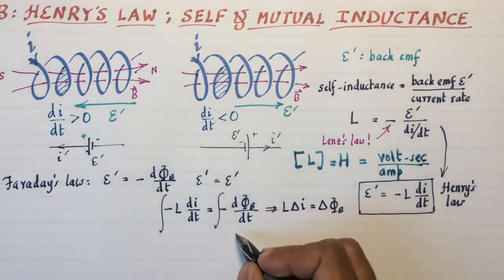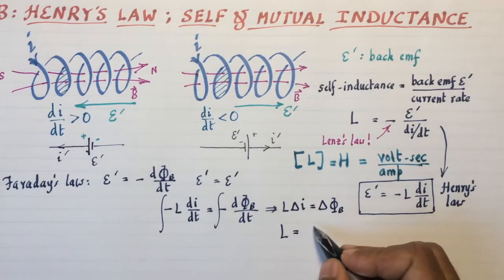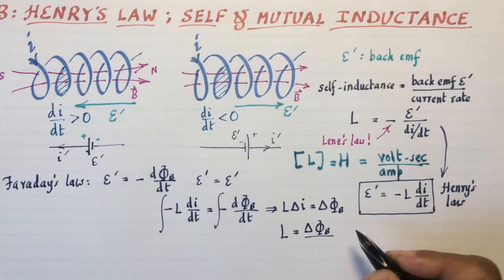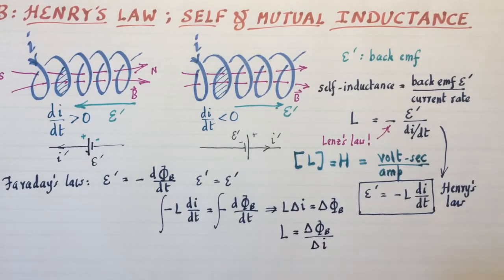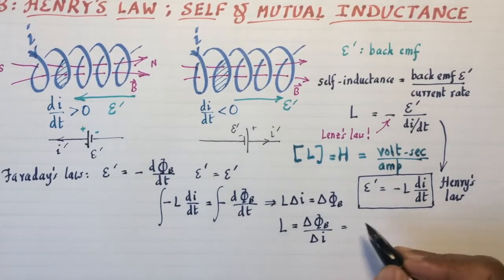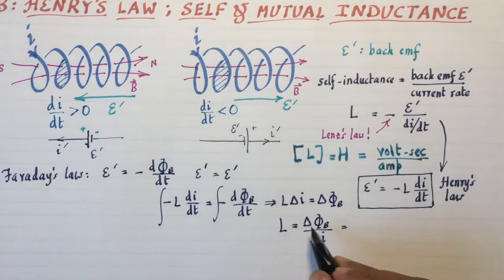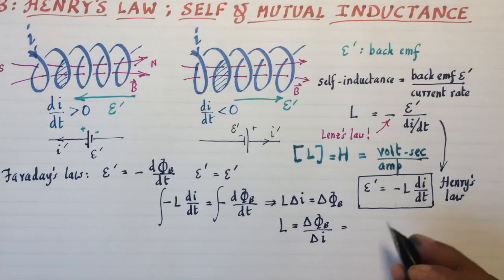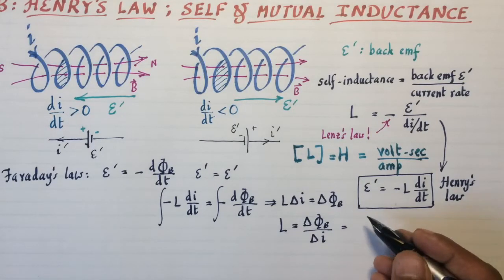So that gives you a nice way to actually measure the self-inductance of any coil. What you do is you send some current through it. Now what's usually done is initially you don't put any current through the coil. The capital delta means final minus initial. So if you take the current to be zero initially, the flux is also zero.